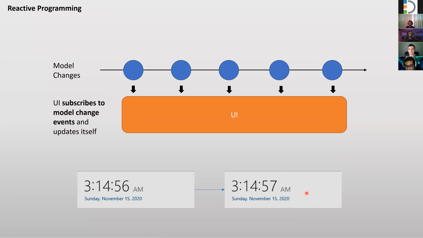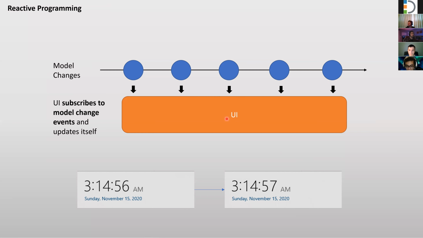You're probably familiar with model view controller. Basically, the model issues a change event, like notify property changed, or any sort of property changed. Whenever the model changes, it dispatches an event, and then you'd have some sort of view that listens to that event and then updates itself.